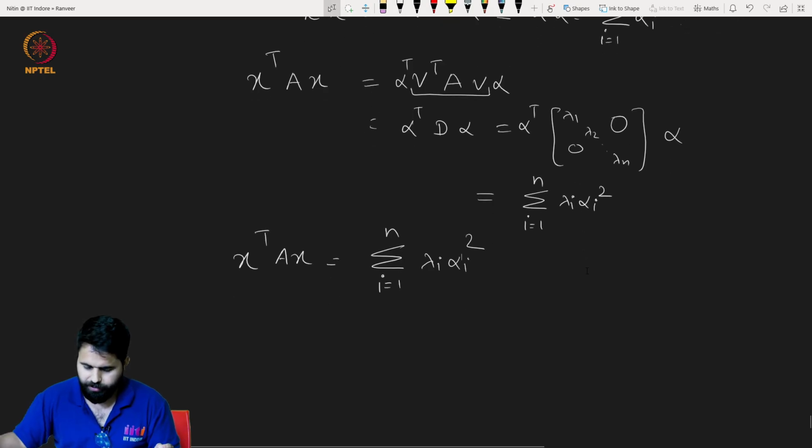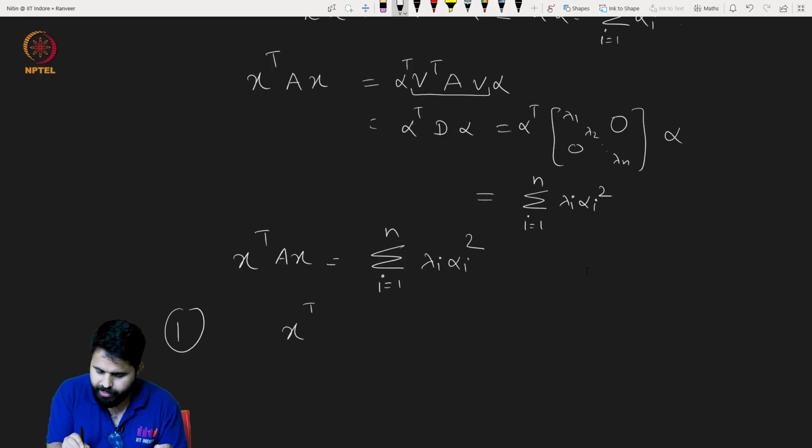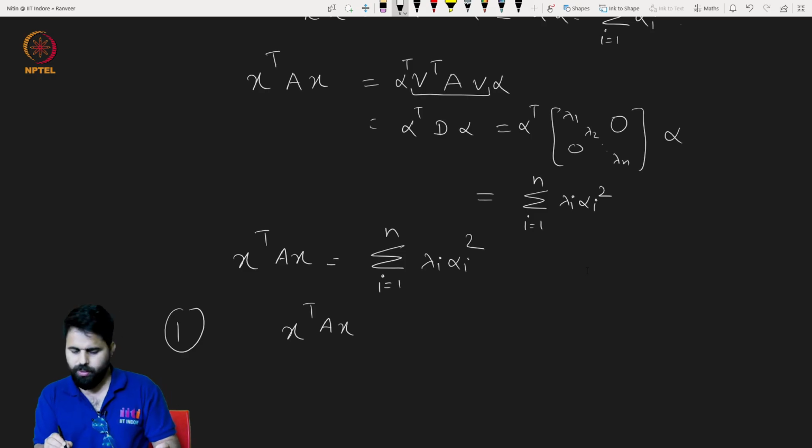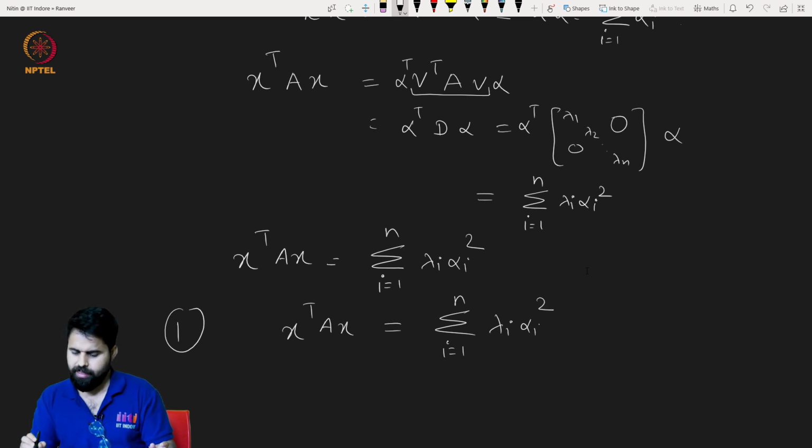Now this quantity x transpose Ax, which is equal to the sum from 1 to n of lambda i alpha i squared, will always be less than or equal to lambda 1 times the sum of alpha i squared.